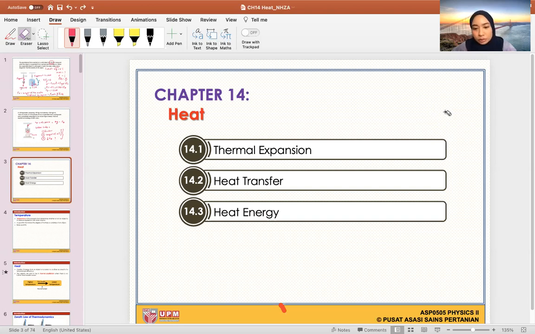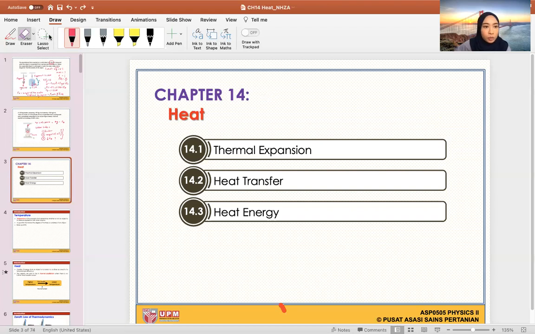Kita orang, bidang fizik, hydrodynamic ni tak masuk dalam rancangan pengajaran kita orang. Siapa conteng saya punya Zoom ni? Hydrodynamic tak masuk untuk exam pun. So kita hanya cover sampai hydrostatic, which is something which is in equilibrium sahaja. Okay? Okay, terima kasih.